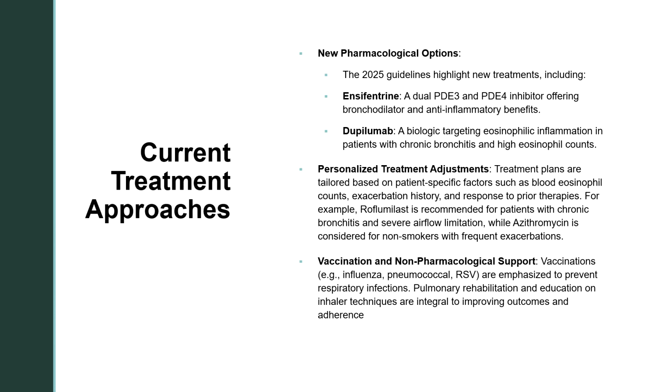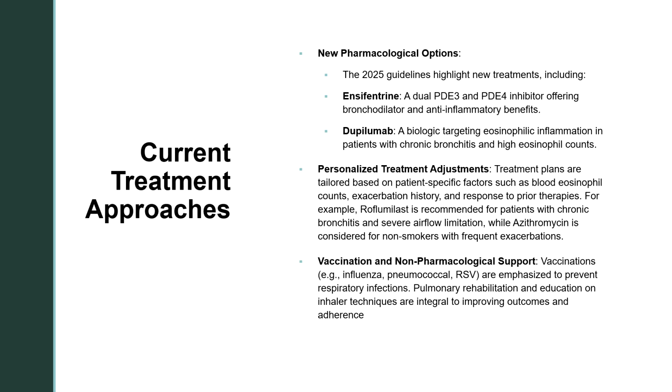Basically, this offers anti-inflammatory benefits to the patient. Another targeted therapy is biological targeting of eosinophilic inflammation. So basically, some patients have a high eosinophilic inflammation process going on in their lungs, and they have certain medications to decrease that kind of inflammation. So these are very personalized biological treatments given to patients.